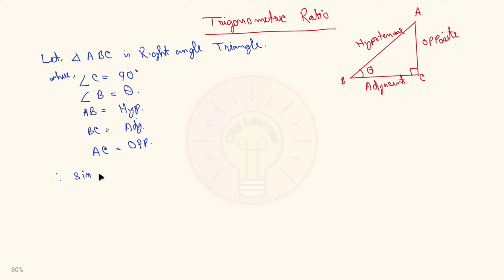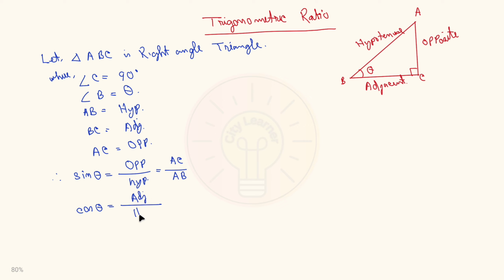So now we have to find the trigonometric functions. Sine theta is equal to opposite side by hypotenuse. We have to remember this one. So the opposite side is AC and the hypotenuse is AB, so AC by AB. Cos theta is equal to adjacent side by hypotenuse.